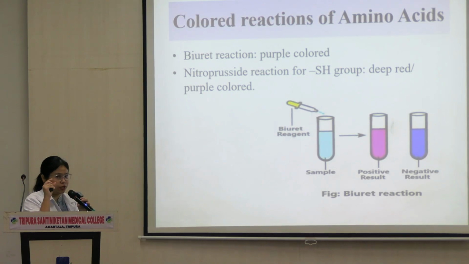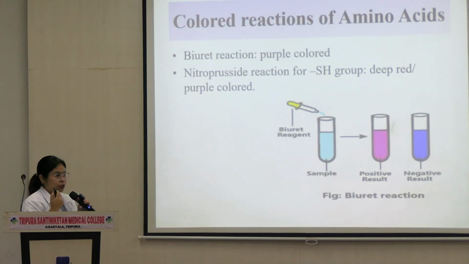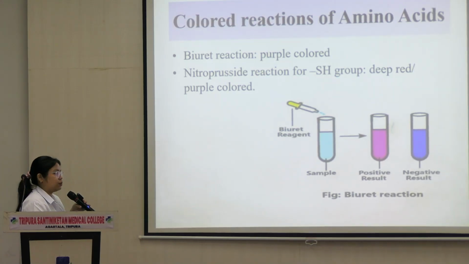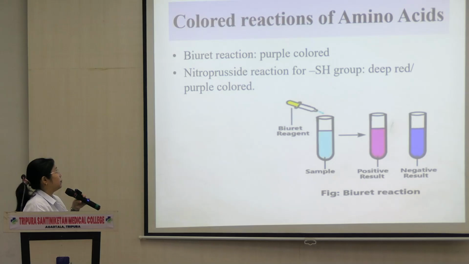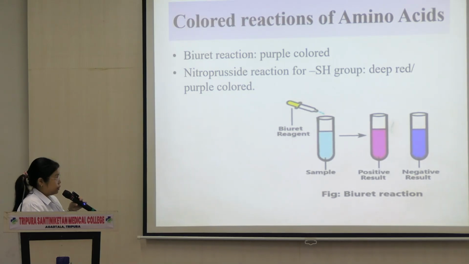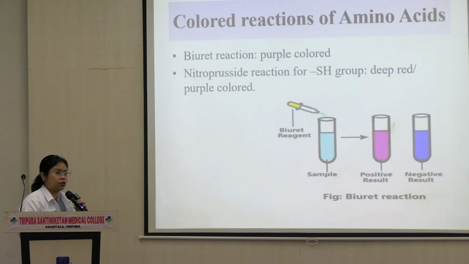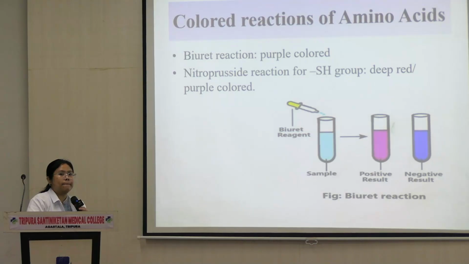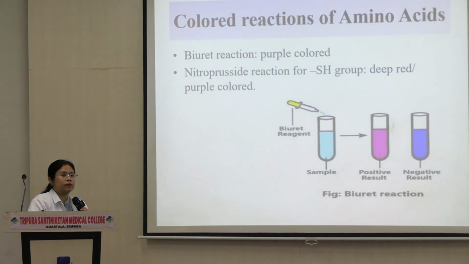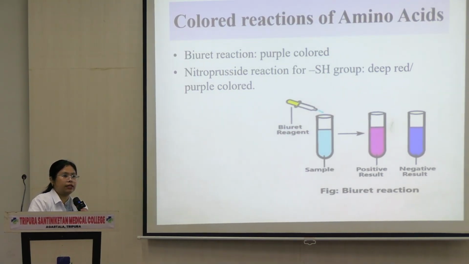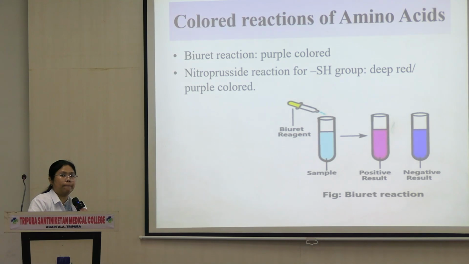Okay, biuret reagent in itself is blue colored. So if blue turns purple, then we know that there is presence of protein in them or certain amino acids in them. Similarly, for the presence of SH group, which amino acid has SH group in them? Sulfur group in them. Anybody remember? Two amino acids that have sulfur group in them.